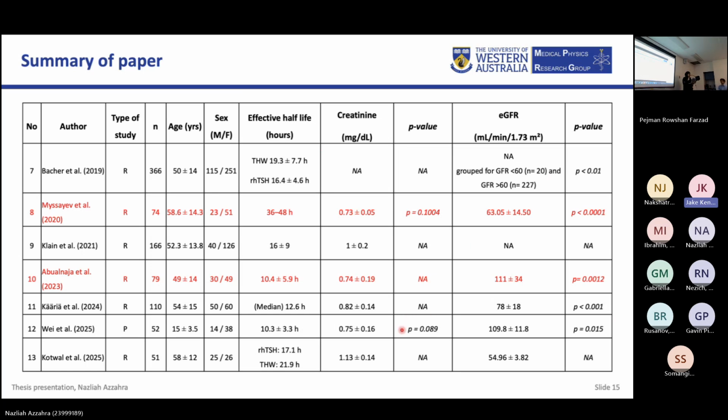The reason for this is the age. Because the entire population is under 18, the creatinine level in children usually reflects the muscle mass, not how well their renal clearance is.